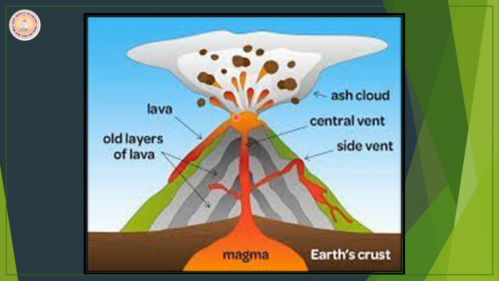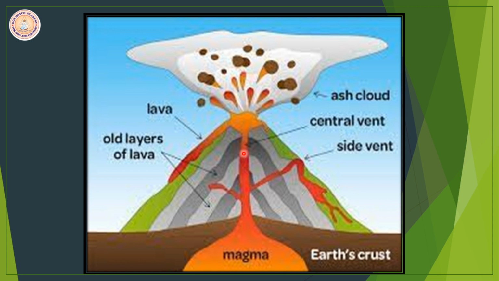You might be seeing how lava is oozing out and is getting accumulated on the sides of the mountain. These are the older layers of lava. Here there is a vent or an opening on the side of the mountain.